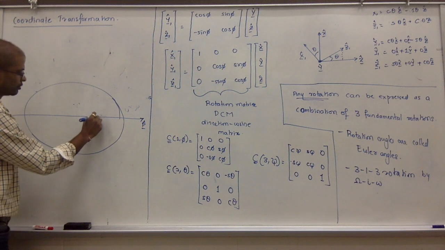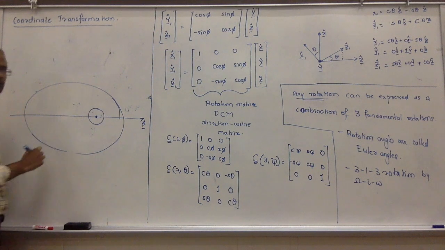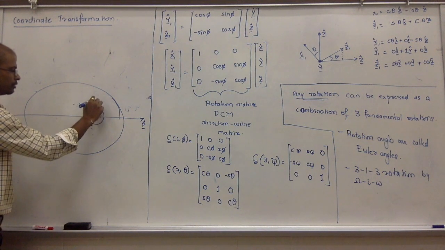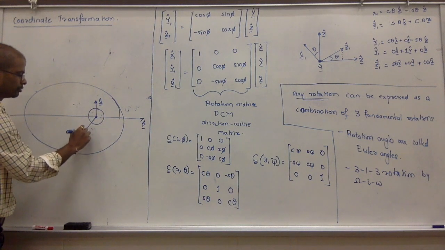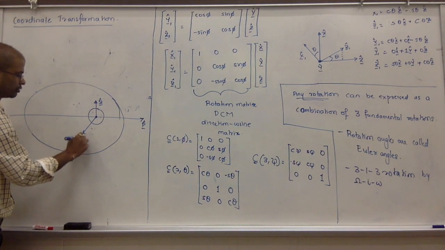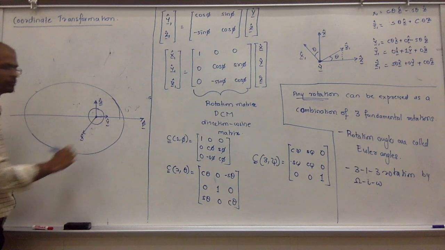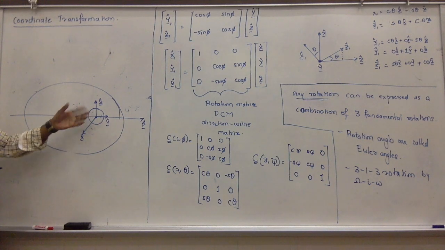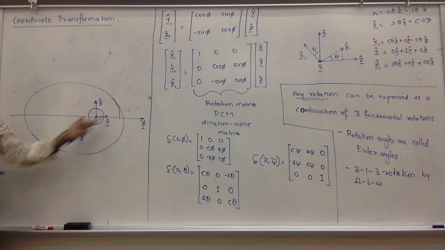Let's say this is Earth. This would be my Z direction, this would be X direction, and this would be Y direction. It depends on how this Earth is oriented. You have to think about this Earth.